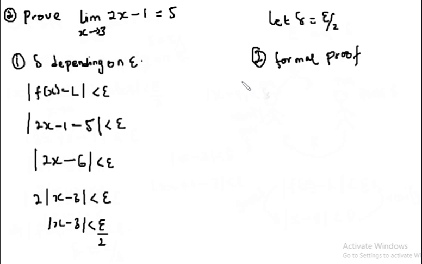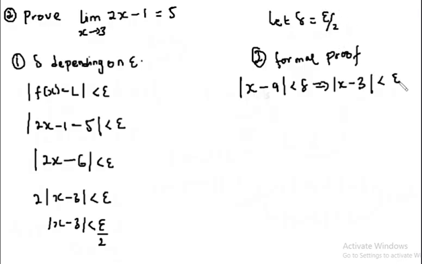Just like I did in question 1, I'll start from absolute value of x minus a is less than delta. This implies that x minus, now the a term is the term that the limit is approaching. So this is 3, then less than. Now remember, our delta is epsilon over 2.